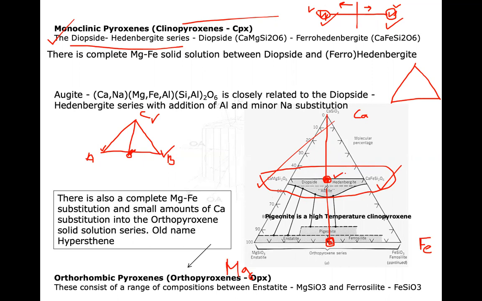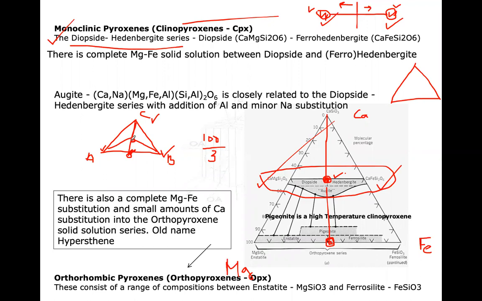This 100 should be divided by 3 components. If you have 3 components, then you have almost equal quantities in a composition in between, somewhere here, like 30-30. That means from here and from here you have to draw lines to take the composition of these ones. That will represent here.